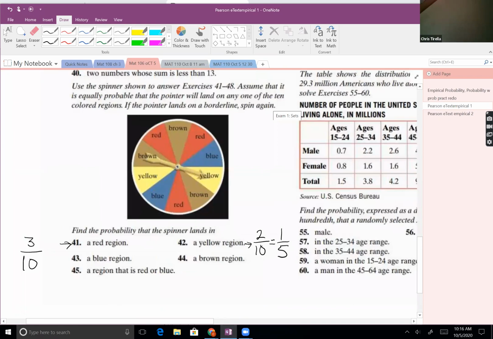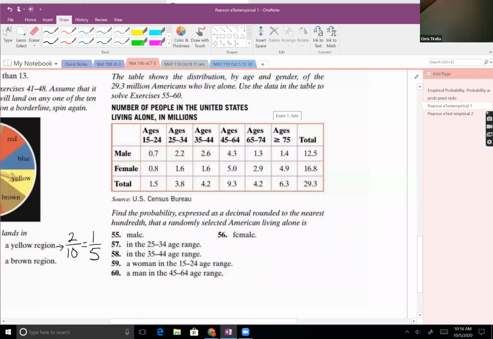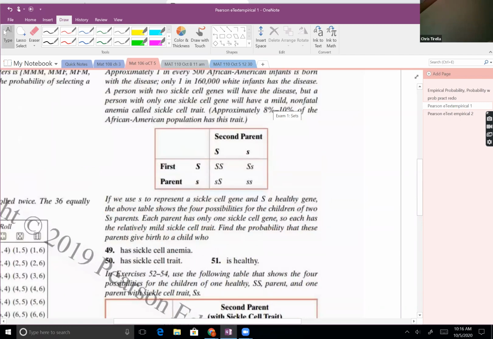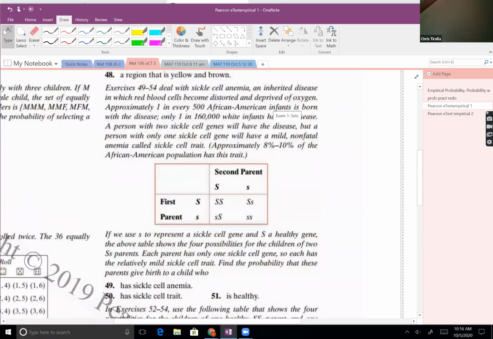Another type of problem that I believe I put 1 or 2 of in the homework. Does anybody remember from something like a high school biology class seeing tables like these? It says exercises 49 to 54 deal with sickle cell anemia, an inherited disease in which red blood cells become distorted and deprived of oxygen. 1 in every 500 African-American infants is born with the disease.